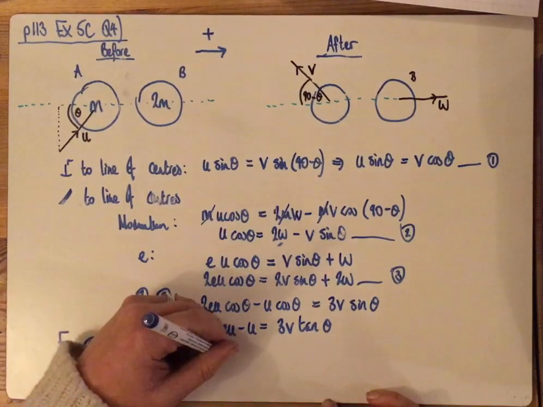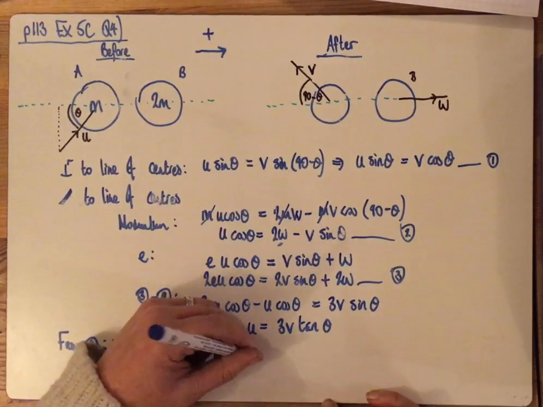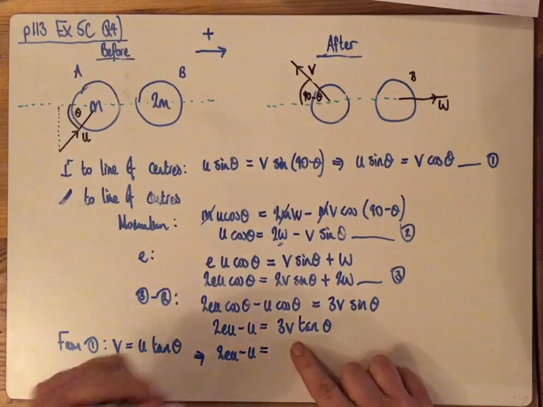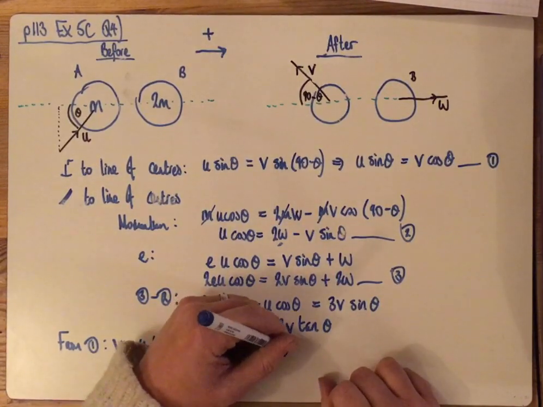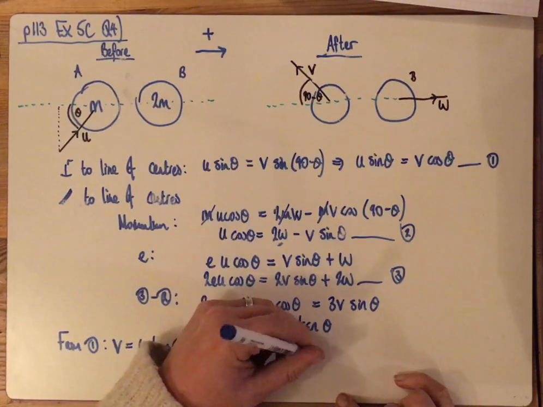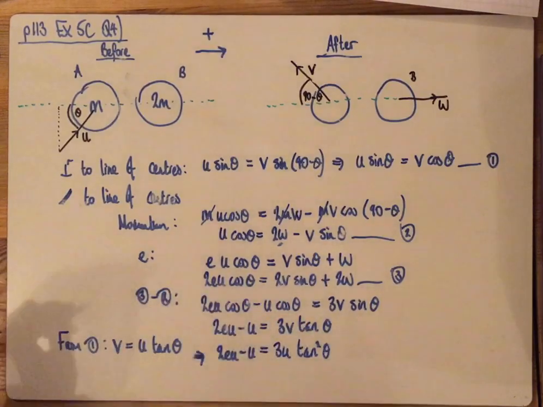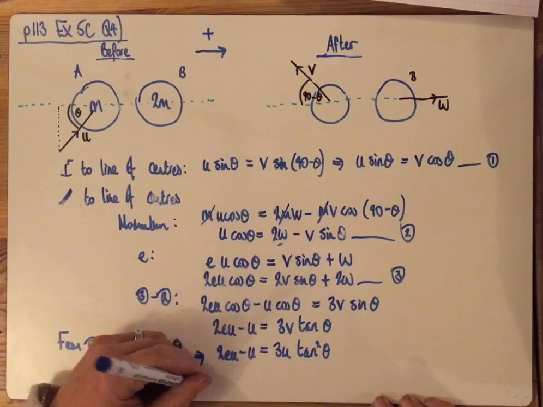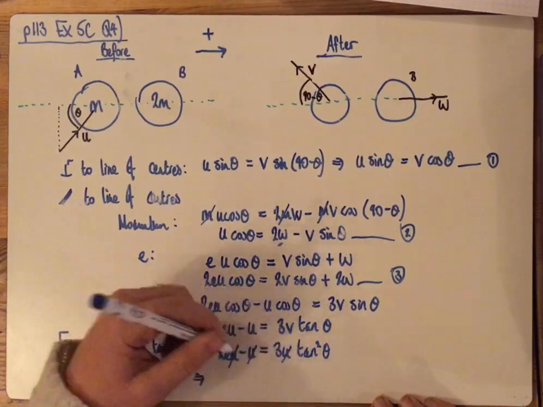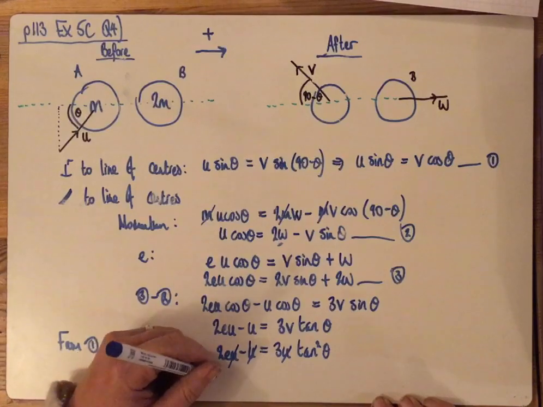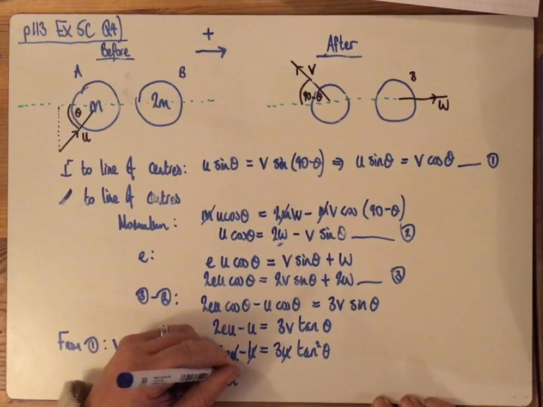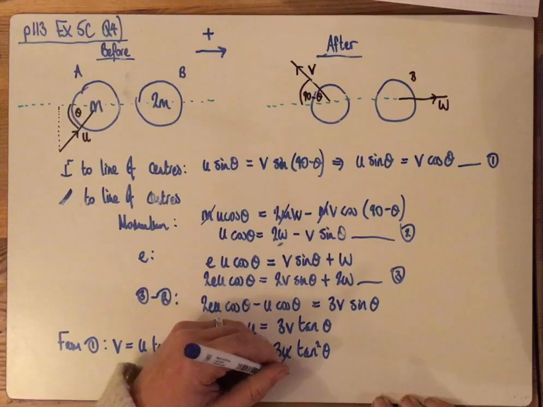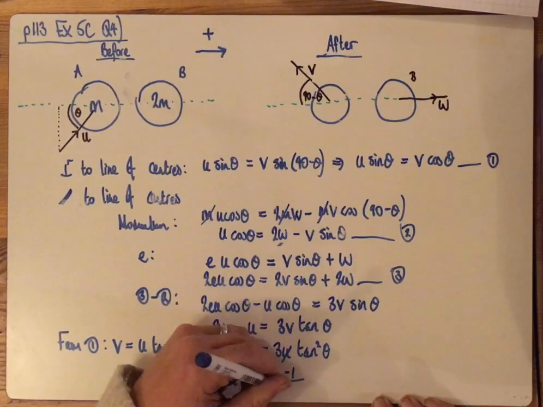I've now got 3u tan squared theta, and then you can divide through by u. They're all going to cancel off, that's going to be 1. And so tan squared theta is going to equal (2E minus 1) over 3, as required.